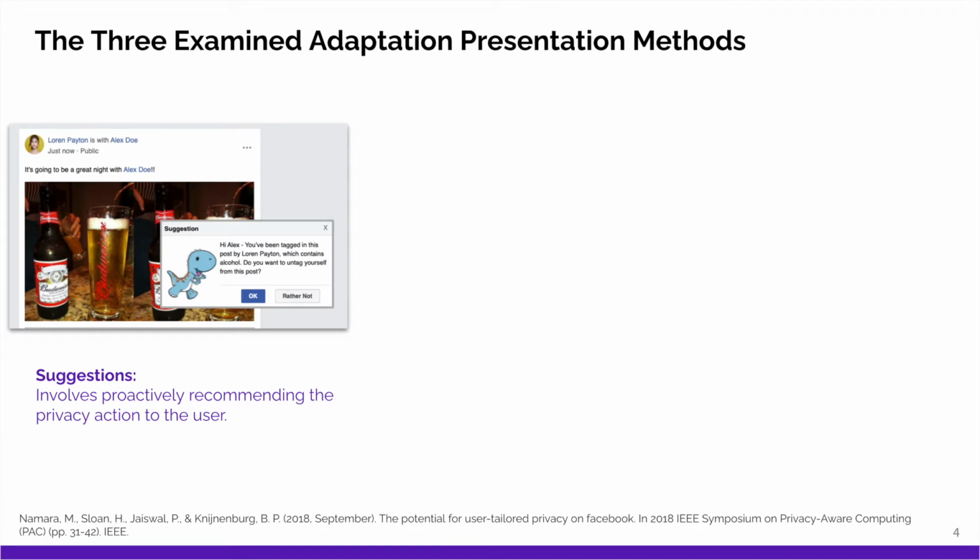Now, inspired by previous work that has proposed three adaptation presentation methods, number one being suggestions: once we learn of users' preferences and we have a model for them, we can proactively recommend a privacy action to the user using a suggestion.